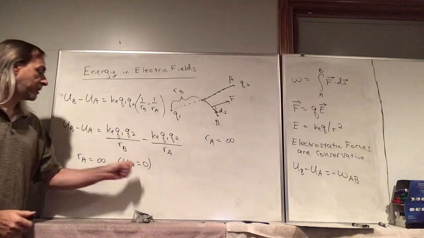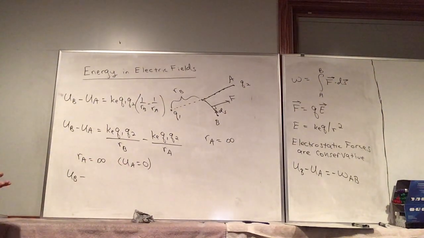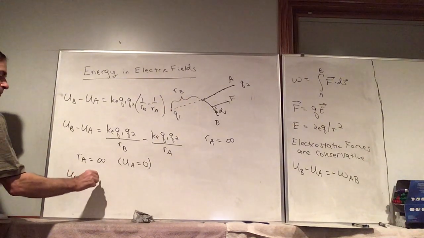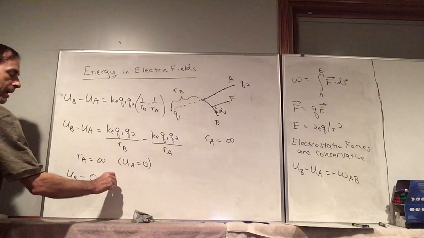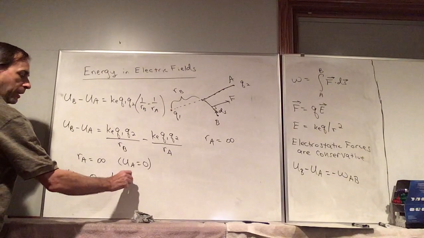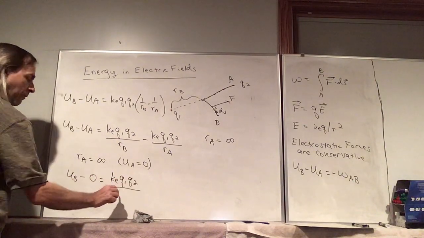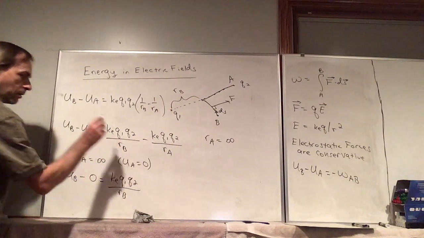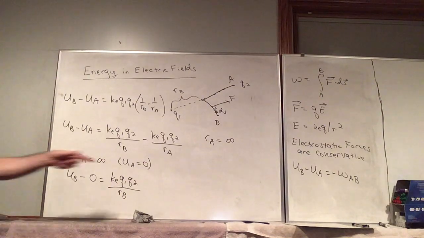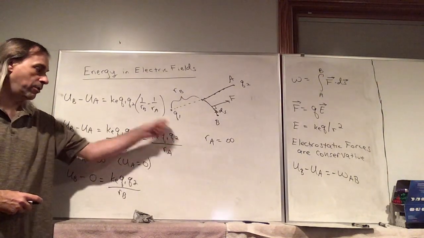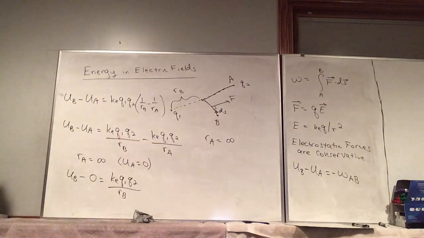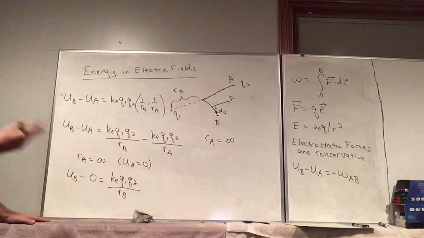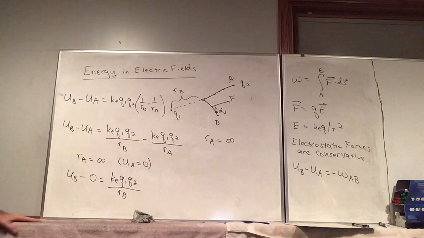So it'd be a good place to set the potential energy at A equal to 0. So we'd have UB minus 0 would be KE Q1 Q2 over RB minus, if RA is infinite, this term is 0. And B is some arbitrary point that's a distance r away from Q1.